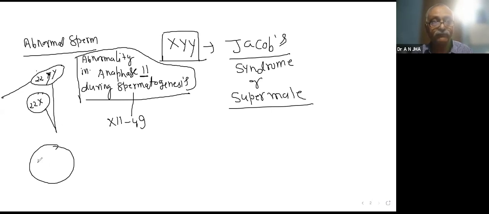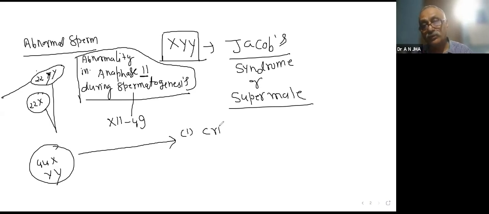Zygote will consist of 44, X and Y and Y. This is the reason of Jacob syndrome. So it is always criminal minded.